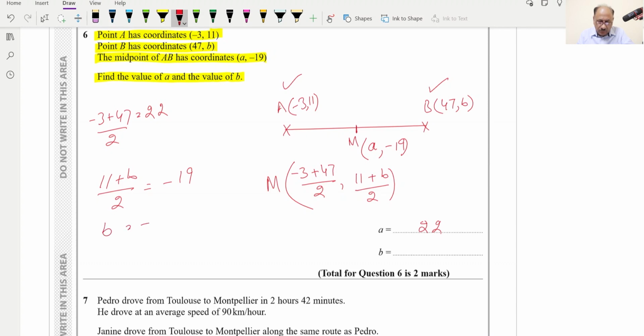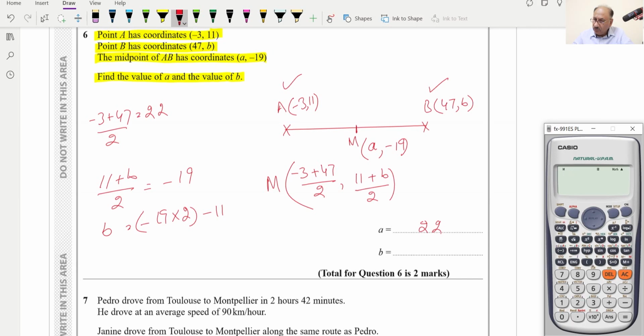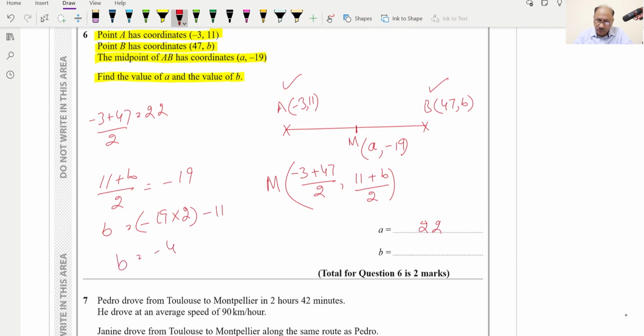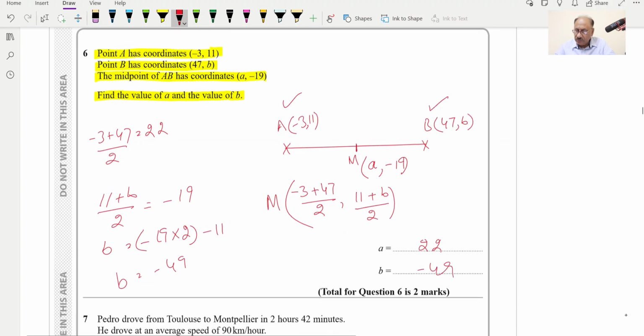B will be equal to -19 times 2, and when we shift the 11 it will be minus 11. So this will be -19 multiplied by 2 minus 11, which is equal to -49. So the B value is equal to -49.